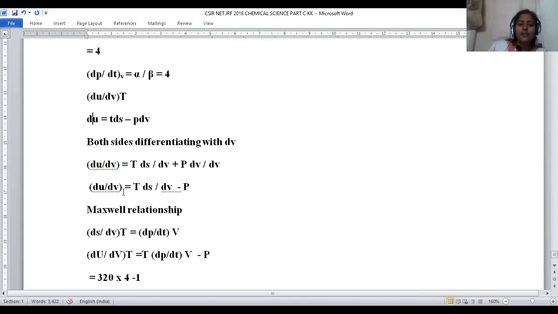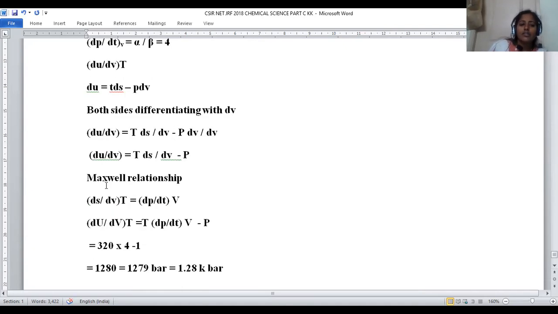Now it becomes dU by dV is equal to TdS by dV minus P. Here the sign will be negative because of TdS minus PdV, that's why it becomes minus P, right? So in accordance with the Maxwell relation, dS by dV is equal to dP by dT. Already we know dP by dT is equal to 4, right? So this dS by dV formula can be applied: dU by dV is equal to T dP by dT at constant V, minus P.